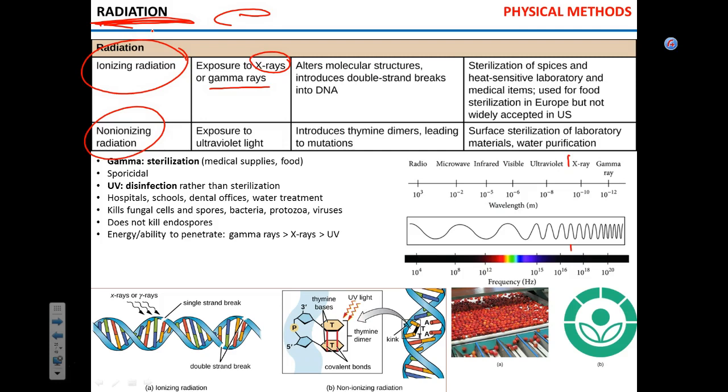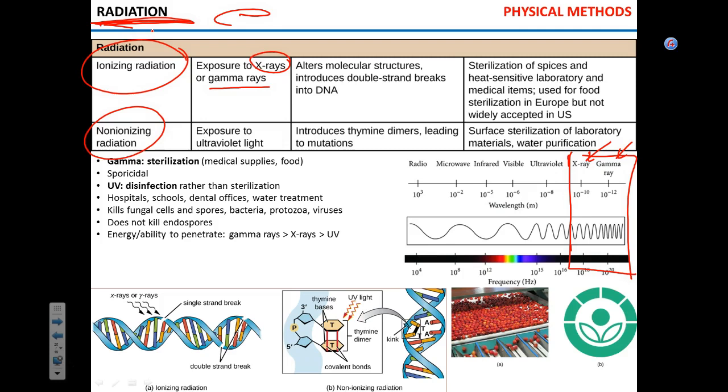You can see that these wavelengths, the X-ray, the gamma ray, are in the short wave high energy part of the electromagnetic spectrum. This radiation is called ionizing because it leads to the formation of, obviously, ions.